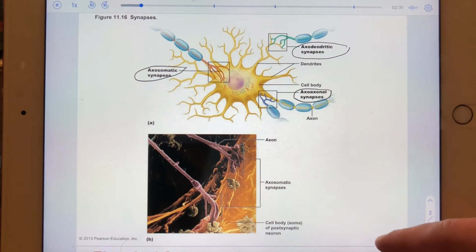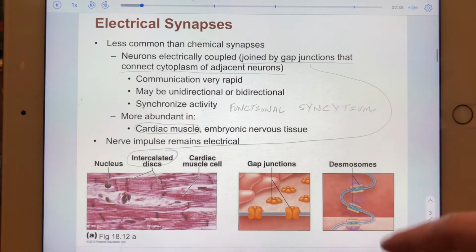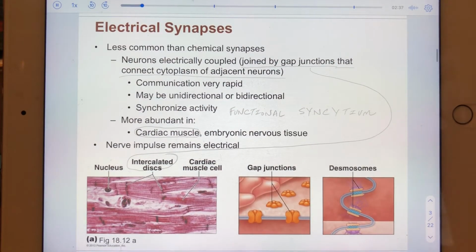Some synapses are electrical. Most synapses are chemical. Okay? An electrical synapse occurs when neurons or neuron-like cells are joined directly together, so that they're connected. They're actually sharing cytoplasm.